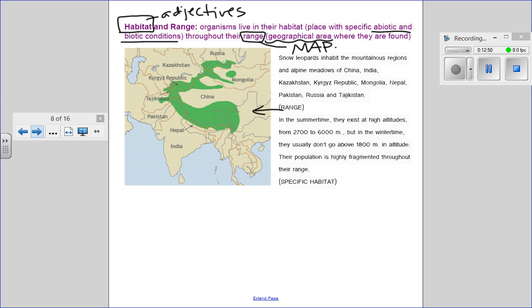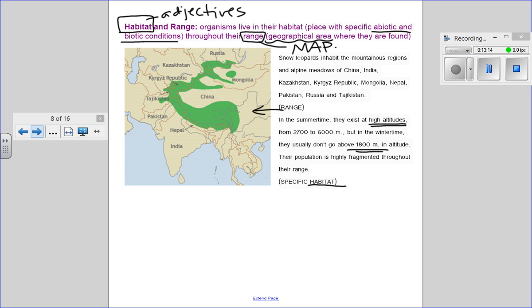Now, when we talk about habitat, we are talking about where exactly or what condition exactly they are looking for. And so you'll notice that I am specifying altitude. In the summertime, high altitude, but in the wintertime, much lower altitude. So notice I didn't say anything about where on the map that is.